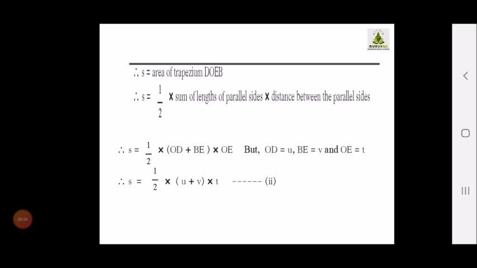So here I am getting S is equal to 1/2 into (OD plus BE) into OE, but we know that OD is equal to U, BE is equal to V, and OE is equal to T. So I am going to insert the values: instead of OD I write U, instead of BE I write V, and instead of OE I write T.